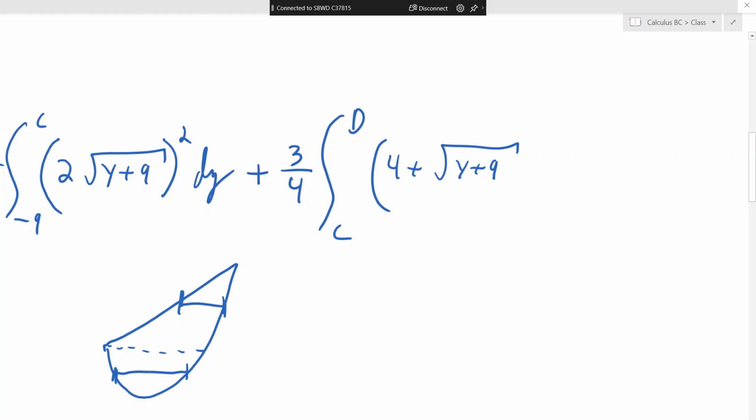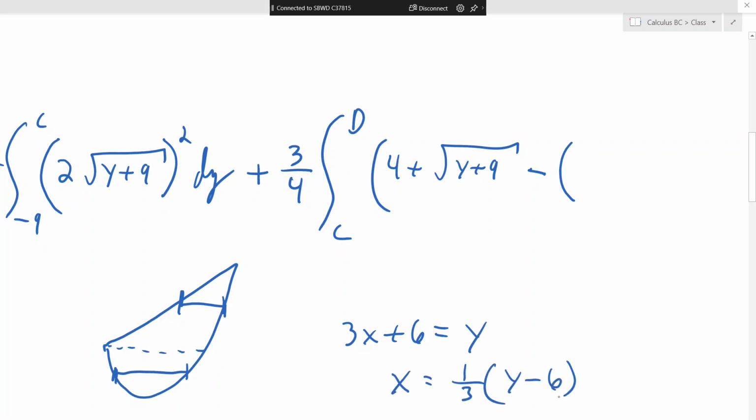That's the right side. Minus the line, which I didn't solve for y. What was that line? 3x plus 6? Is that what it was? Cool. So x is 1/3 y minus 6, which if you distribute, which I'm going to do, is really a 2 in there, so we don't need these.